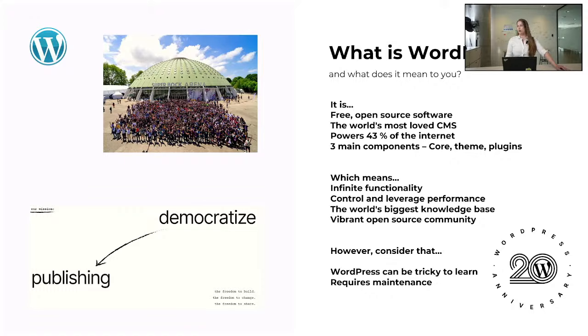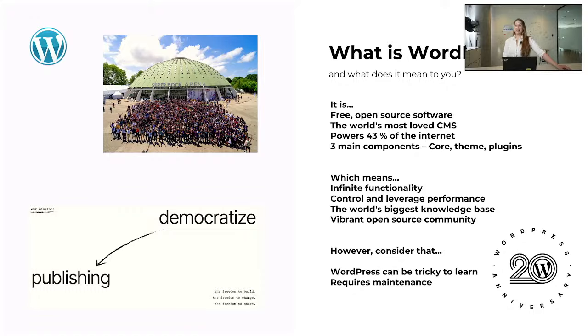Another benefit of using WordPress for you is that it has the world's biggest knowledge base. This knowledge base is so big because so many people use WordPress. If every fourth website runs on WordPress, of course people are going to be making YouTube videos and tutorials and help articles and guides. So if you get stuck, you're not alone.